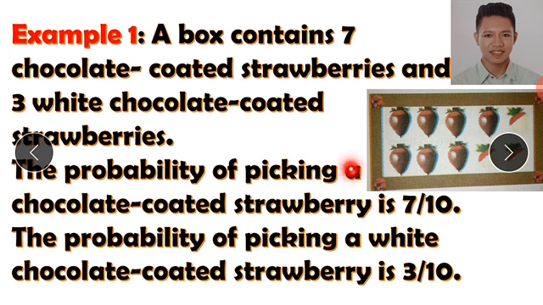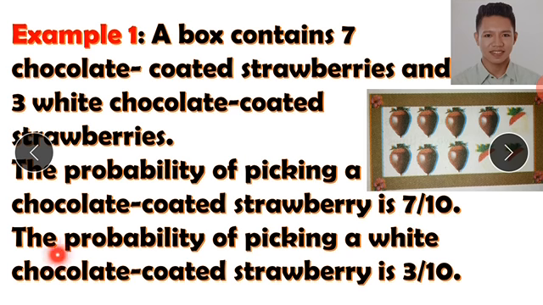The probability of picking a chocolate coated strawberry is 7/10. Why 7/10? We have 7 chocolate coated, that is the numerator, and the denominator is the total number of strawberries in this box, 10.